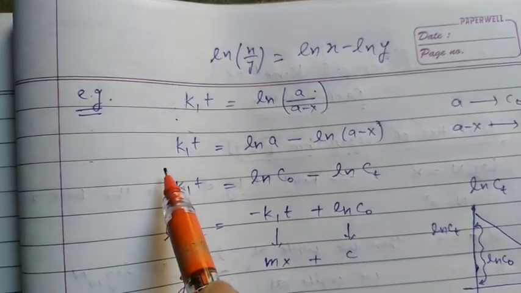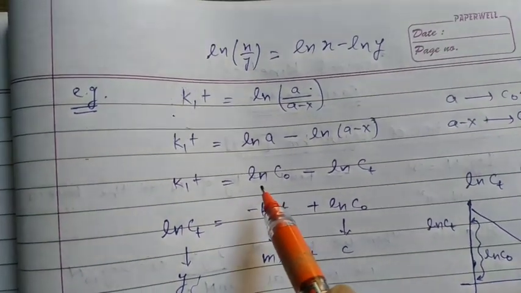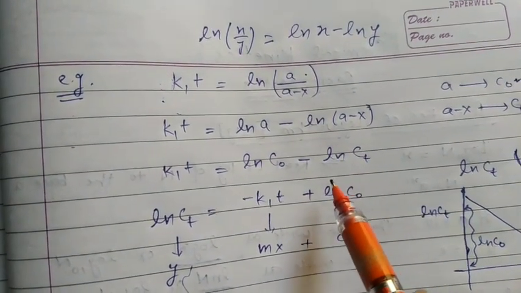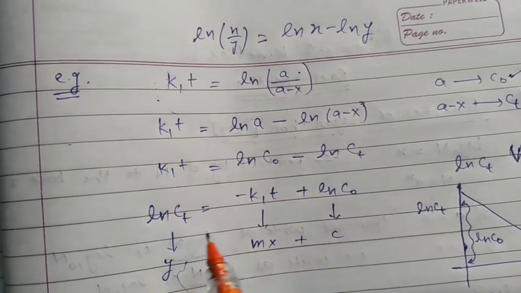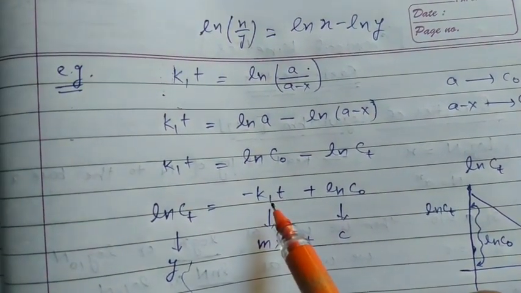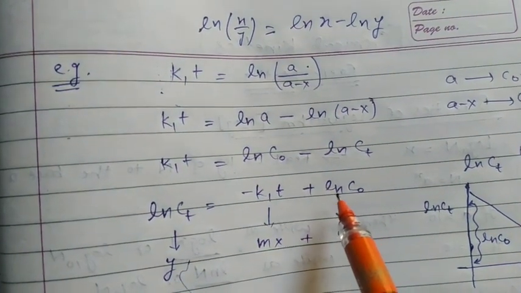So our equation will become kt is equal to ln c naught minus ln ct. So we can rearrange this equation as ln ct is equal to minus k1t plus ln c naught.